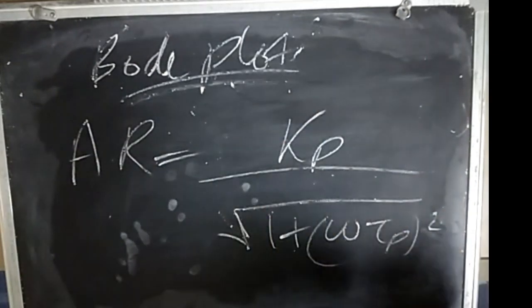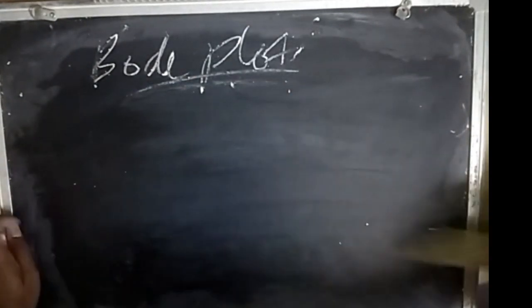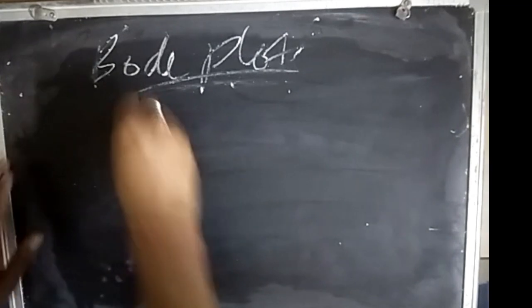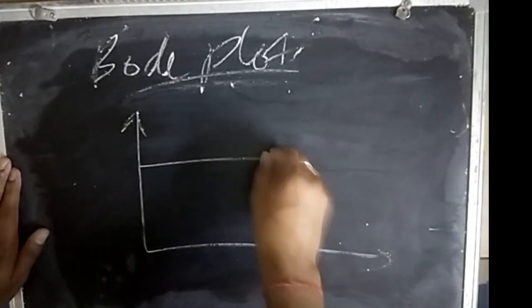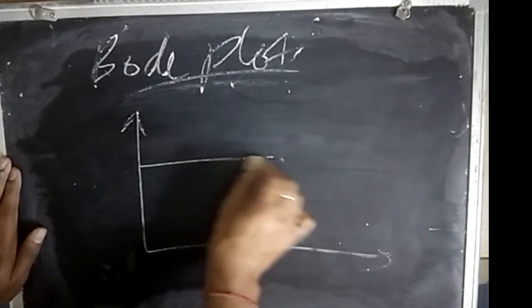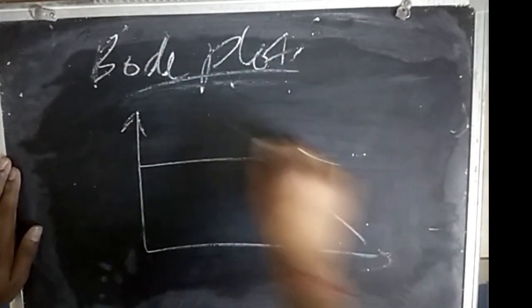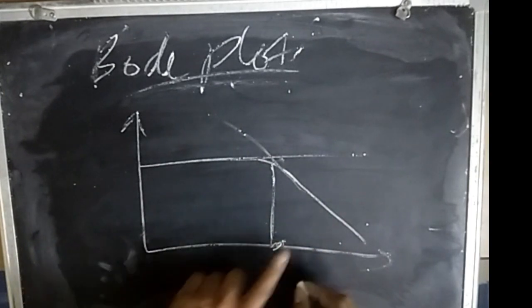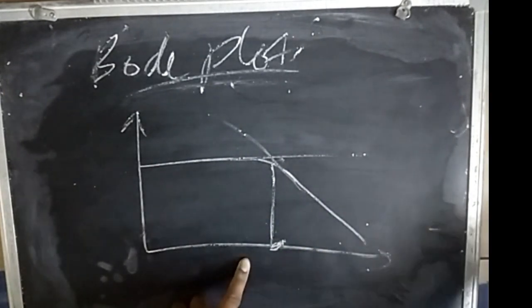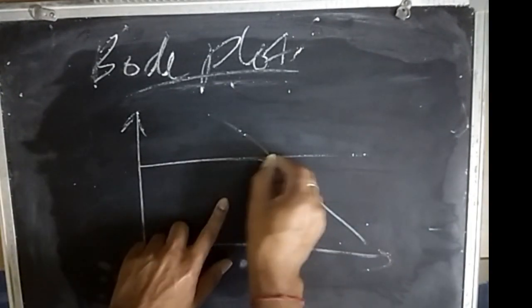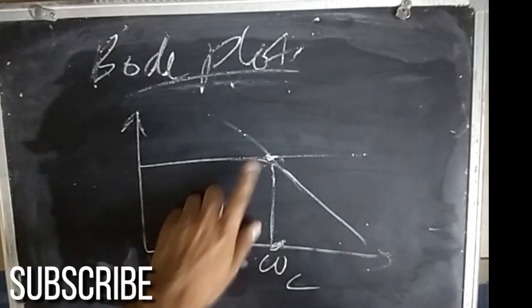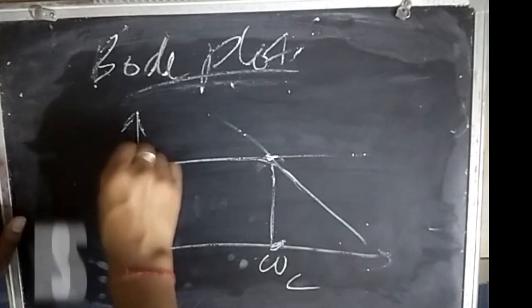So for a first order system, my Bode plot is like this, first flat, then there's a curve and it goes down, but we can take the asymptotes, and at this point is my corner frequency, let's say omega c, and this is my 1.